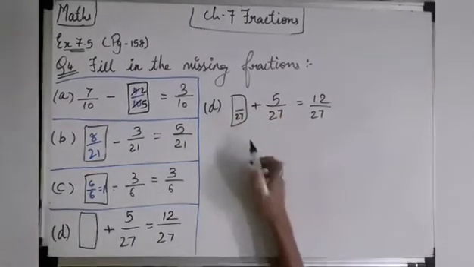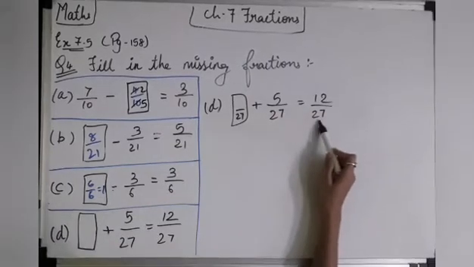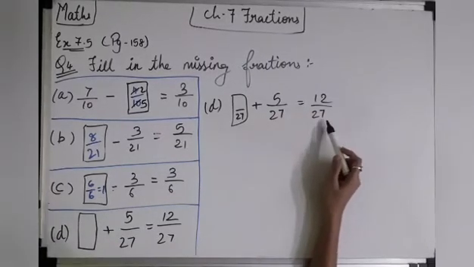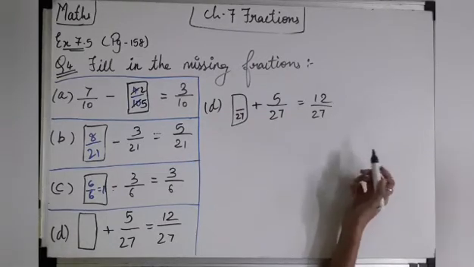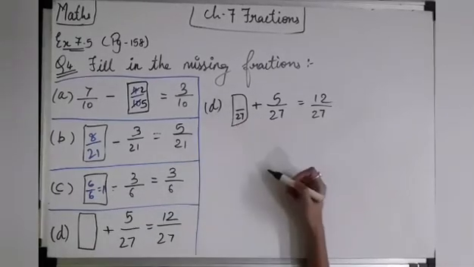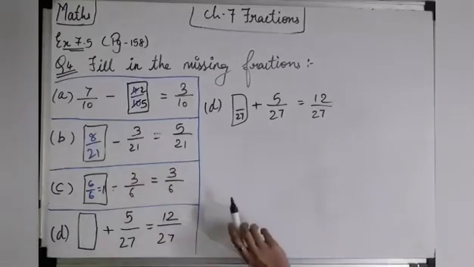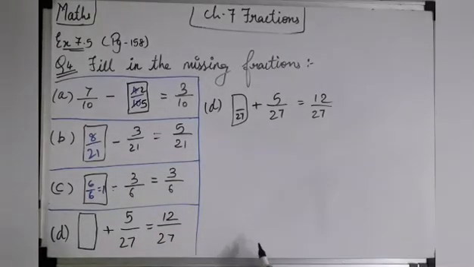Okay, so we got the denominator 27 because equal denominators give the same denominator in the conclusion also, right? But the previous sums which we have solved were different. See, they all were subtraction and now what we are solving is addition.